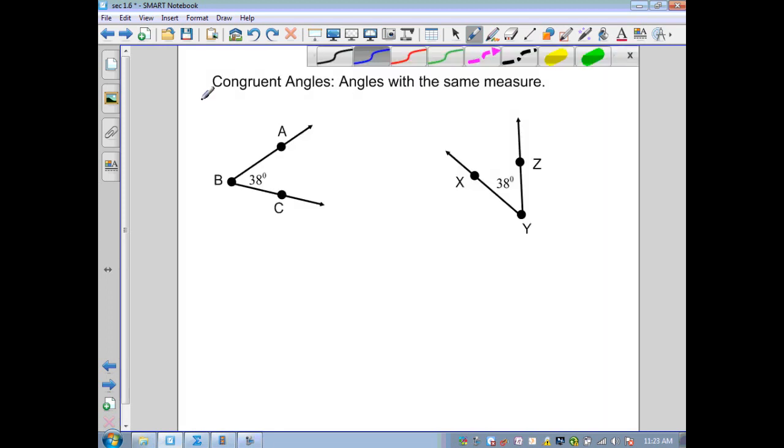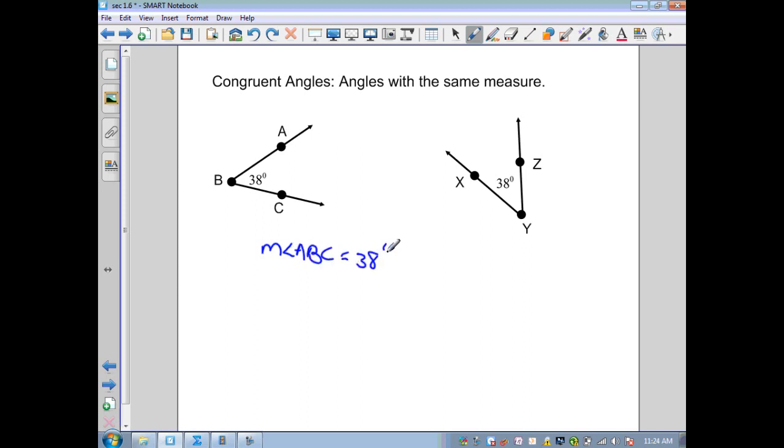From previous sections, we know that we can have congruent segments. Now we can define congruent angles. These are angles with the same measure. Here, I'm given the measure of angle ABC to equal 38 degrees. I'm also given the measure of angle XYZ to equal 38 degrees.